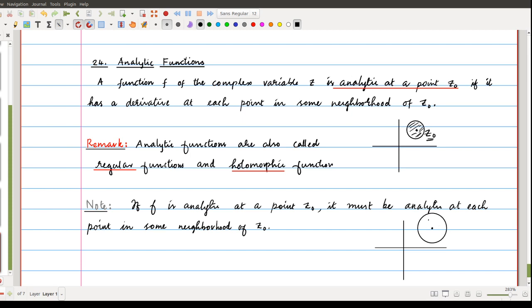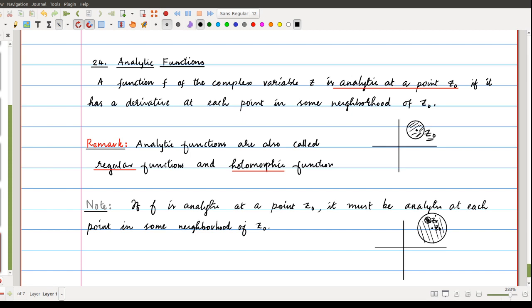So if this is z0 and you take any point z0 prime here, then you can easily find a neighborhood inside the original neighborhood in which the function is differentiable, because we have assumed that f is analytic and therefore it has a derivative at every point of this neighborhood. So in particular, it has a derivative at every point of the small neighborhood. So we can say that f is analytic at z0 prime as well.